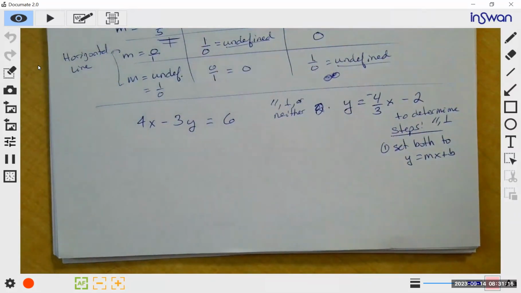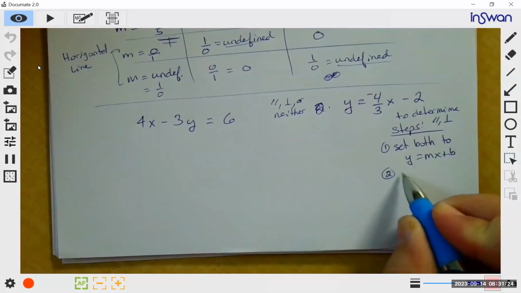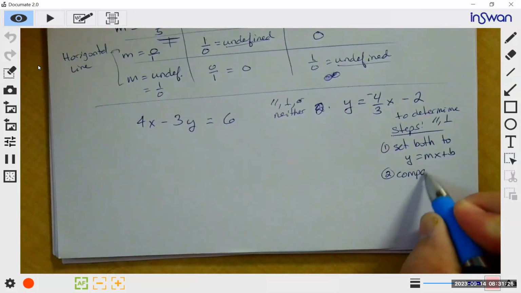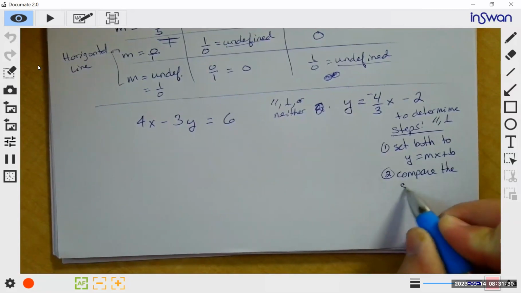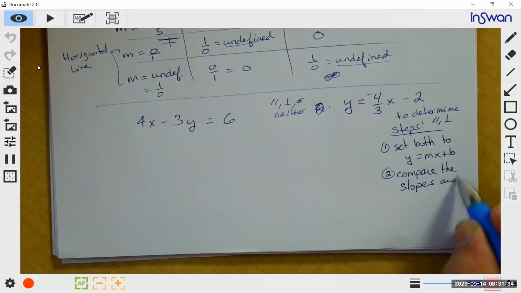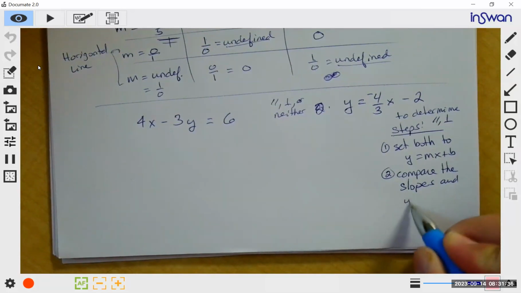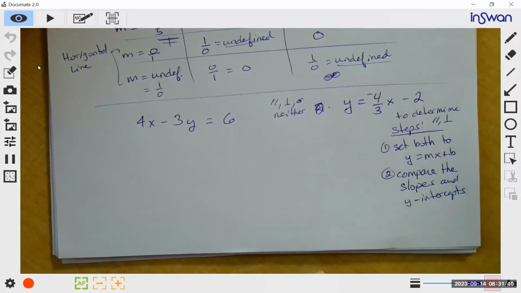The way we compare them is looking at the slopes and the y-intercepts. Then you compare the slopes and y-intercepts. That's all there is to it.